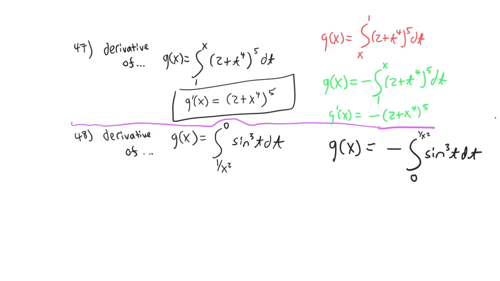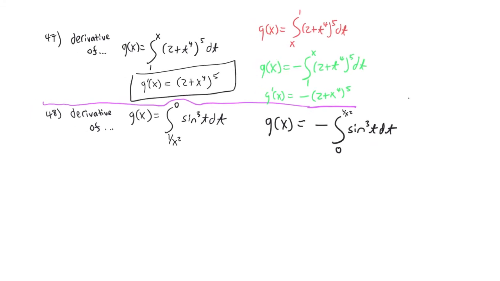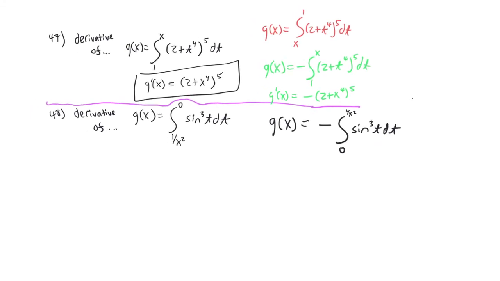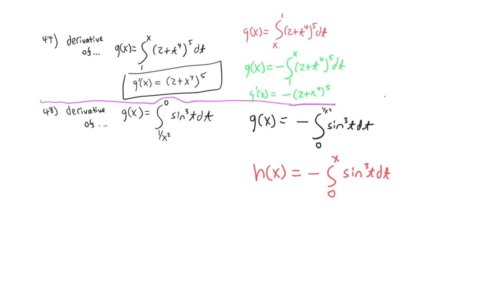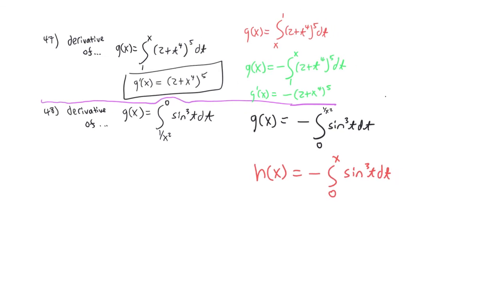Now, at this point, what we're going to be doing is imagining that there was another function, let's call it h of x, that was the exact same thing, only it was easy. We had x up there instead. And what we could do then is just go through the motions of what we typically would when it comes to finding the derivative of this.